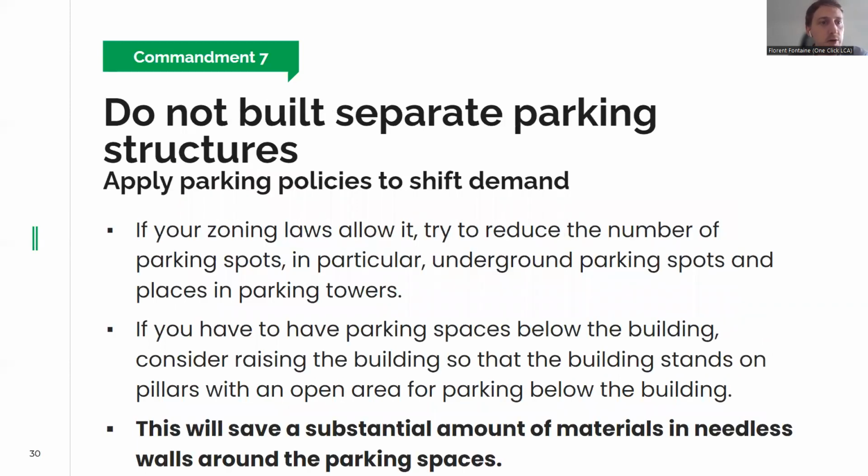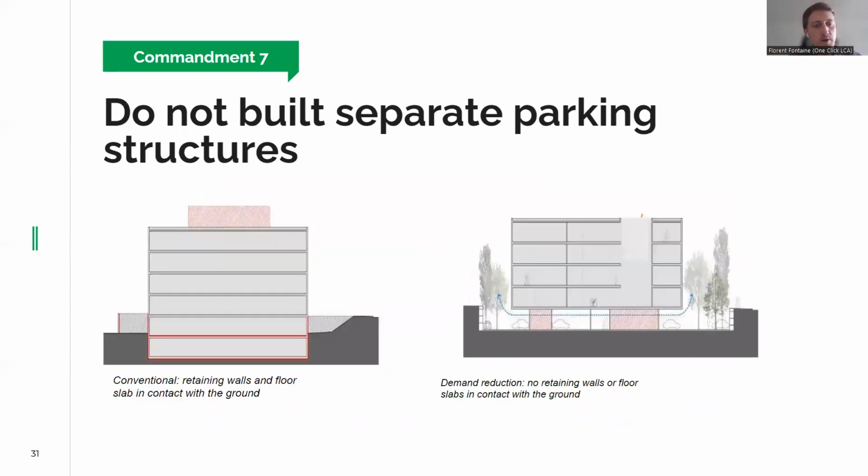Number 7 would be do not build separate parking structures, so apply parking policies to shift demand. We have, for example, here an example of a customer we worked with a few years back that had a building with 5 floors or 4 floors and 2 underground parkings. And we managed to adapt the design so that they reduced from 2 to 1 underground parkings.